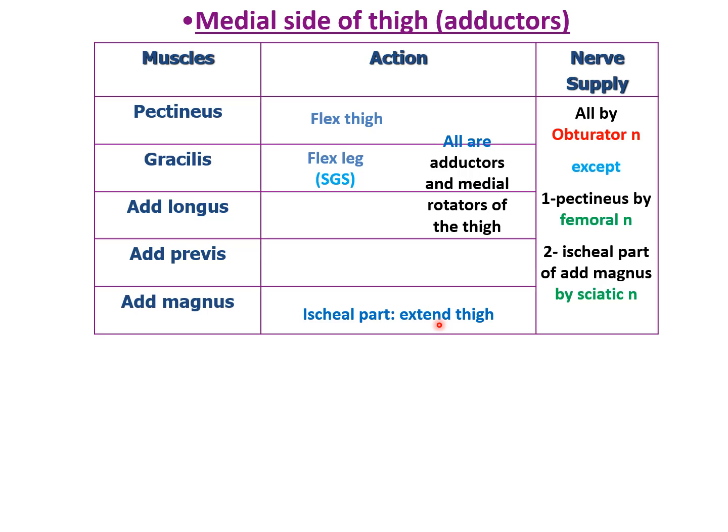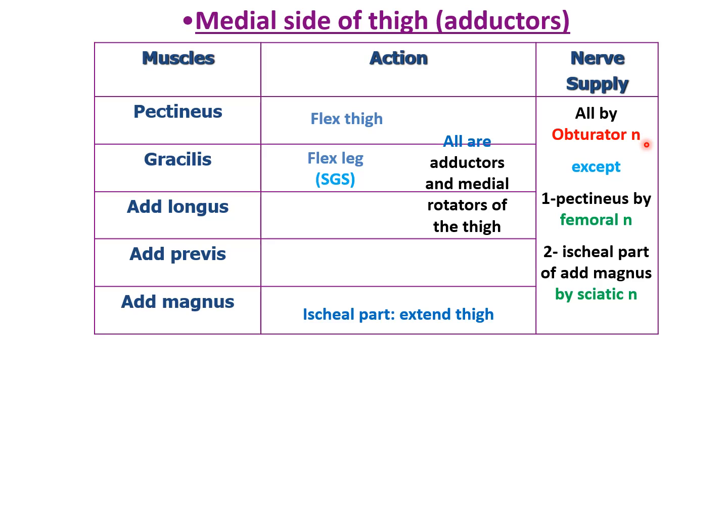One is pectineus, which flexes the thigh, as it is like the anterior compartment, and one is the ischial part of adductor magnus. It extends the thigh as the muscles of the posterior compartment of the thigh. All the muscles are adductors and medial rotators. Also gracilis, as it is attached to the tibia, flexes the leg.